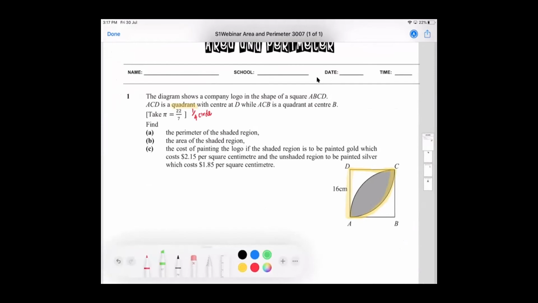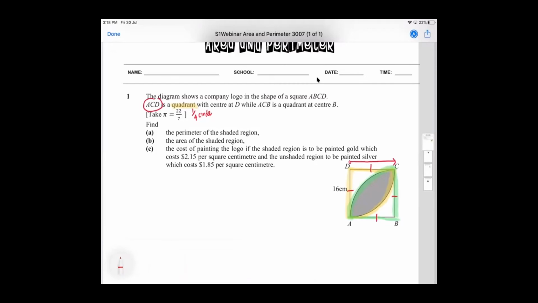I'm going to use another color for ACB. Find the perimeter of the shaded region. Now you notice something: both quadrants share the same radius because this is a square, so all four sides are equal. Quadrant ACD has radius CD or AD.